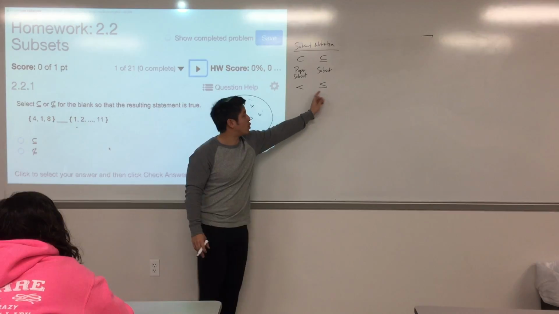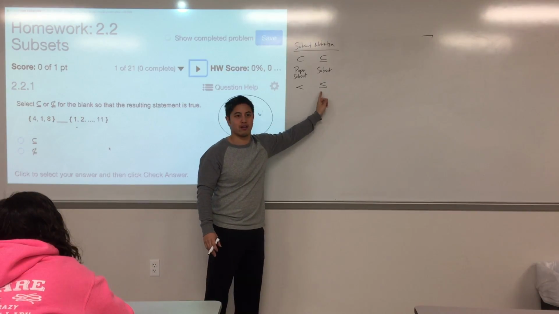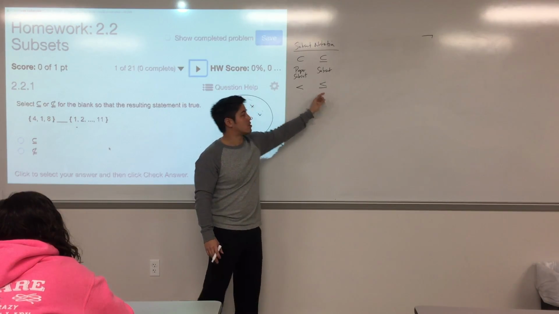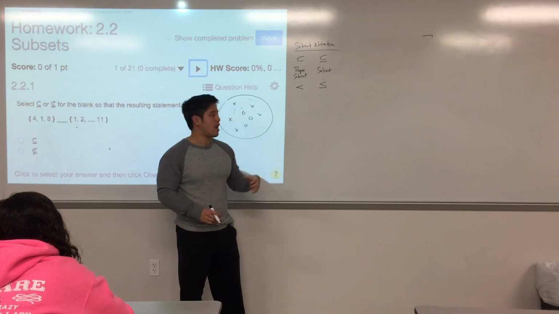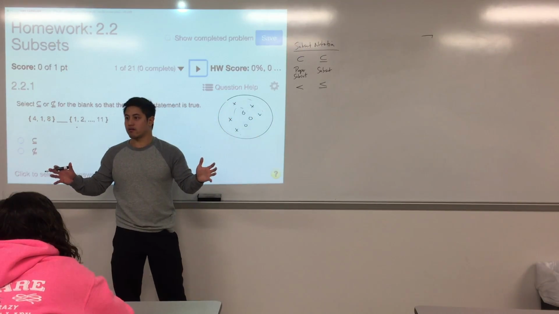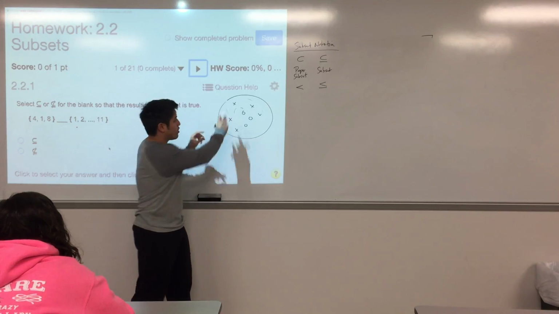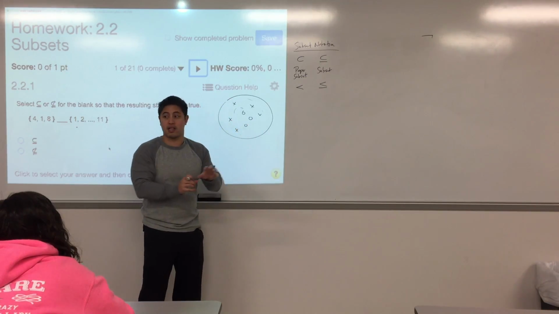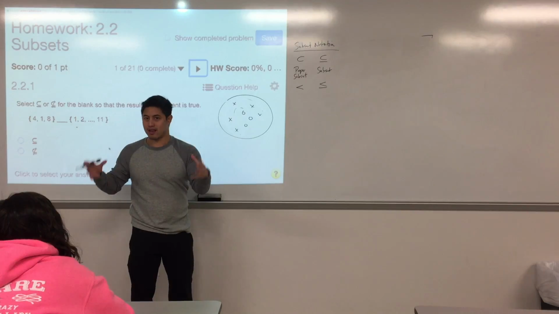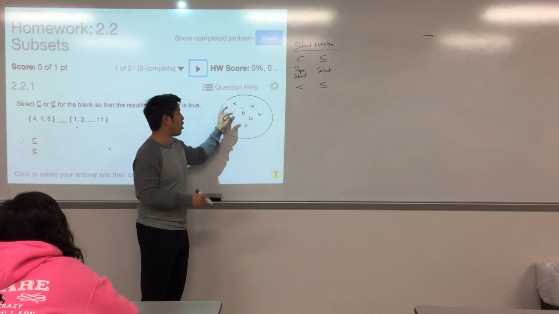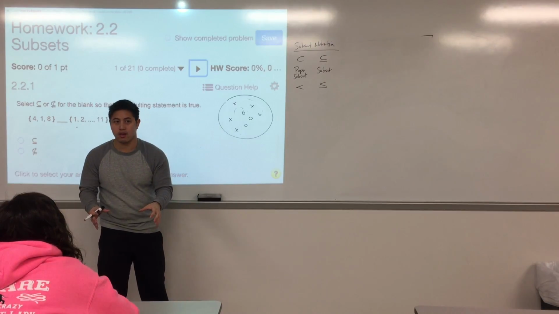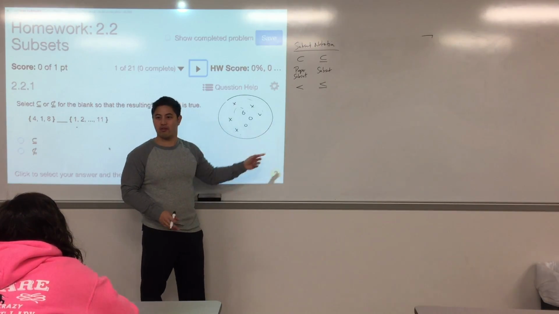Because the men and the women equal everybody. Does that make sense? So proper subset is used when you're describing everything besides the whole thing. Any combination of all of these besides the entire one. Subset can be used for both all the little combinations and the actual set itself.